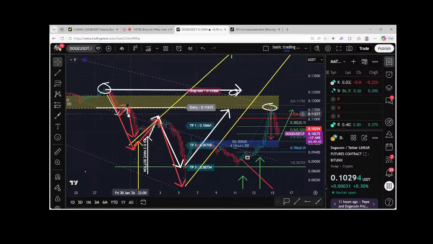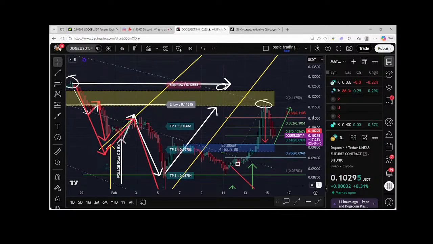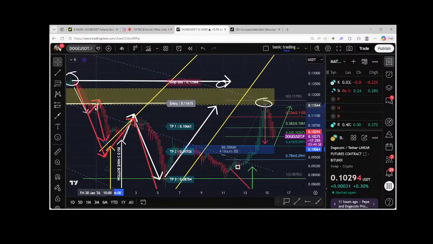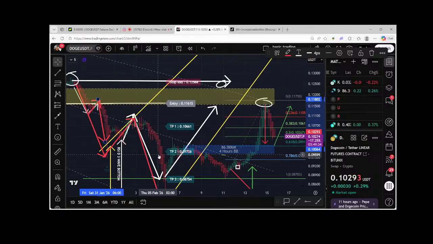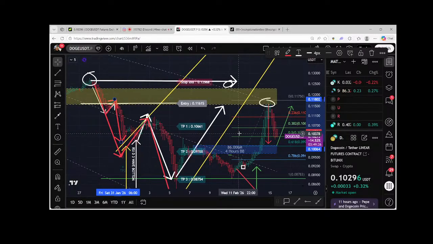I mean, that does kind of fit in there. So either way, you should have been playing either one of these bounces into the next play. If you got that first wave 2, you did well. If you got that second wave 2, you did even better. So those are the strategies, right?